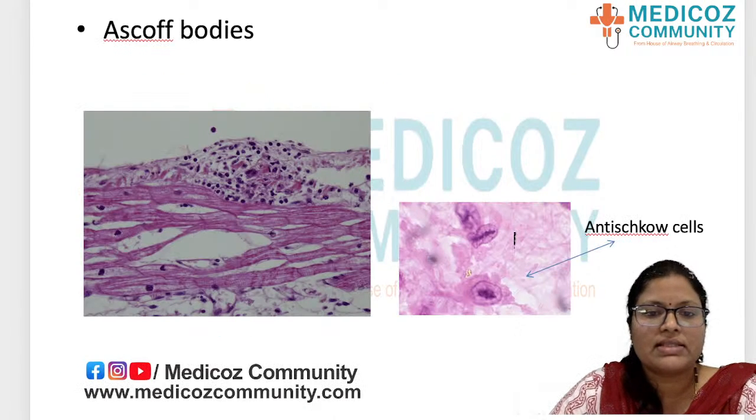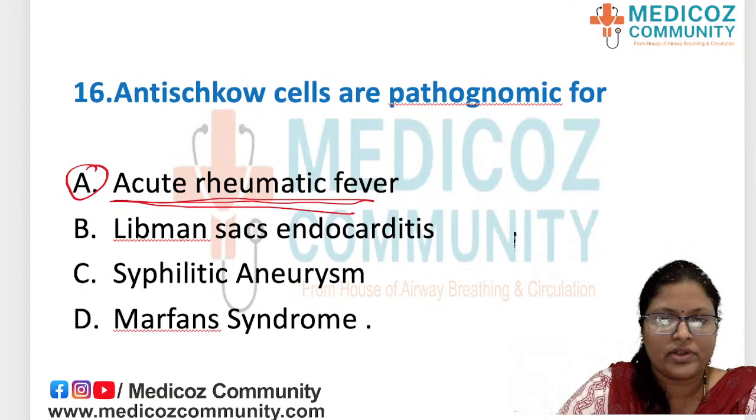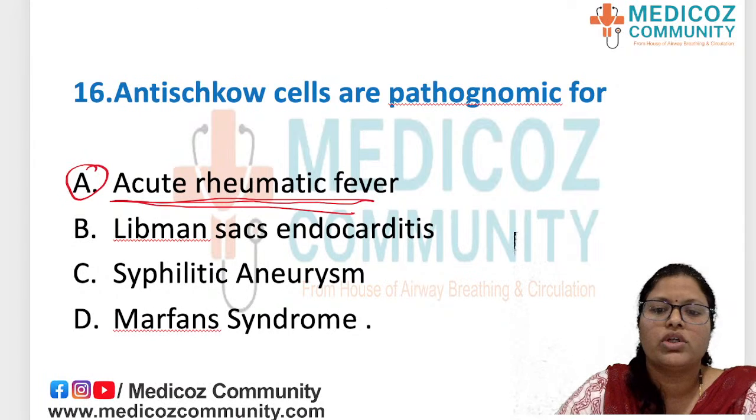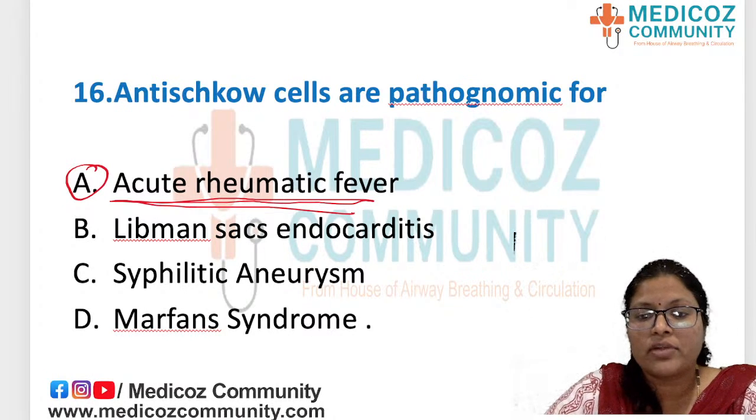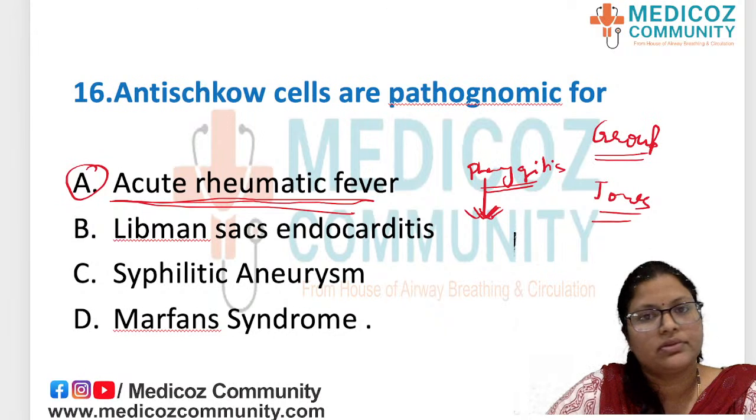So let's see what acute rheumatic fever is all about. You know it occurs after a bout of infection. You have to be thorough with acute rheumatic fever, the Jones criteria, and which group of streptococci causes it, hemolytic or non-hemolytic.